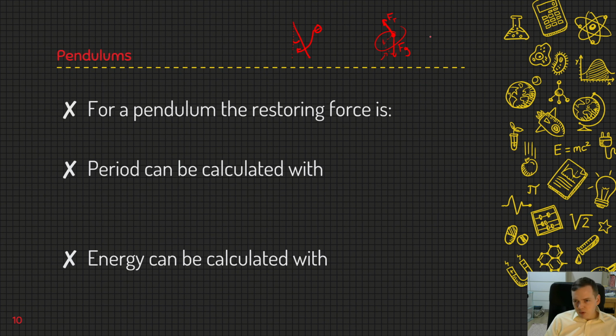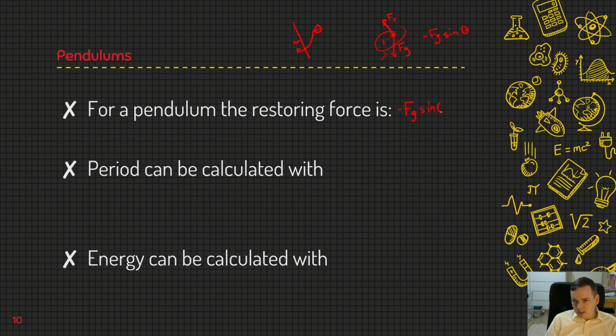And what that force is, is Fg sine theta. But it's in the negative direction from our theta, so we put a negative on there. So the restoring force is technically negative Fg sine theta.